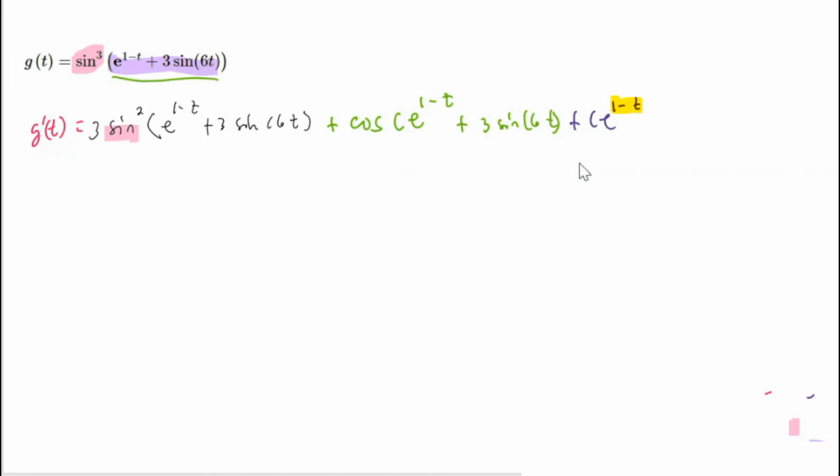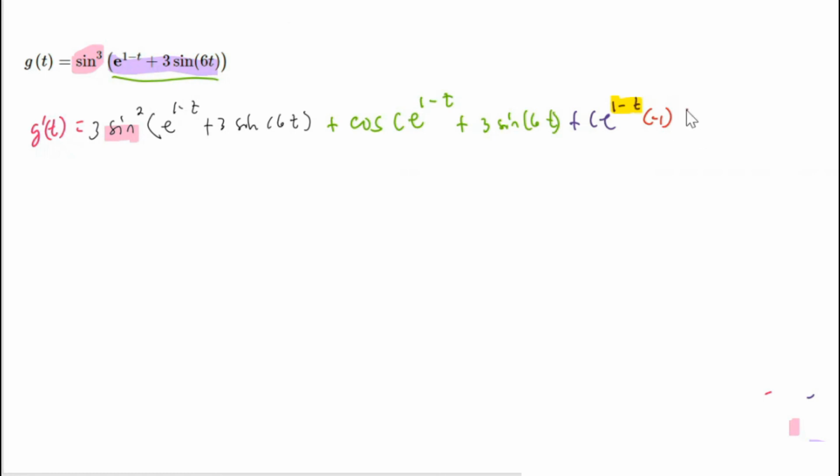Our u there is 1 minus t, and the derivative of 1 minus t is negative 1. So we are done on the first term.